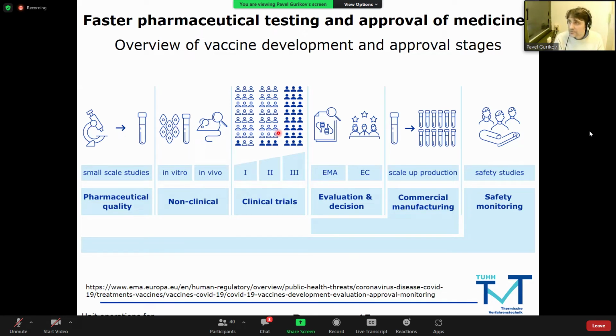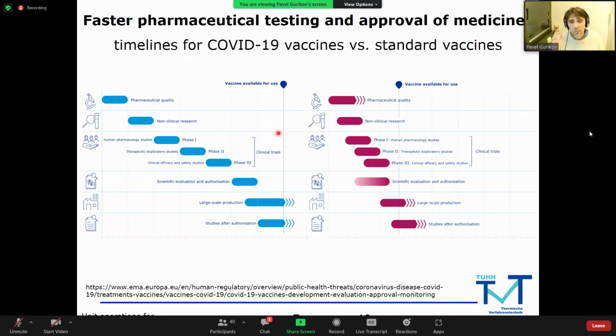What has happened with COVID-19 is that, of course, we had to react very, very fast, and that's how the new timelines look for COVID-19.